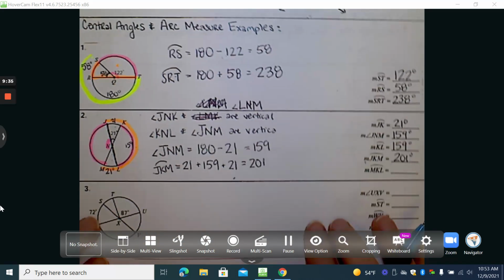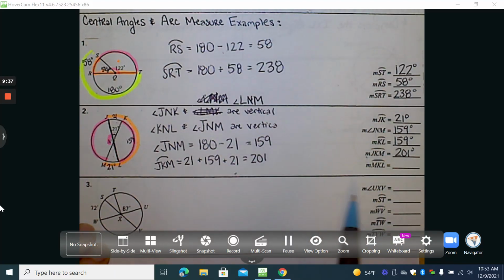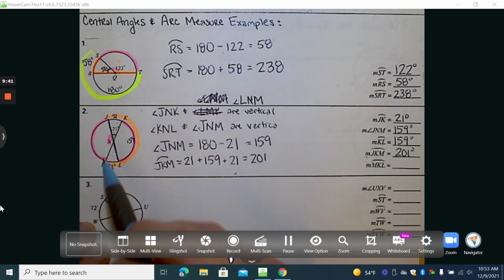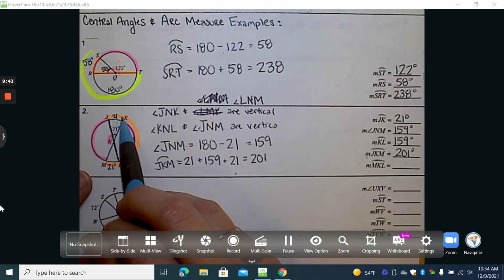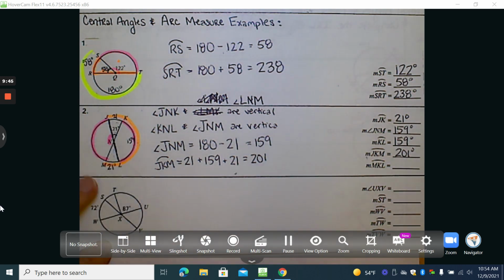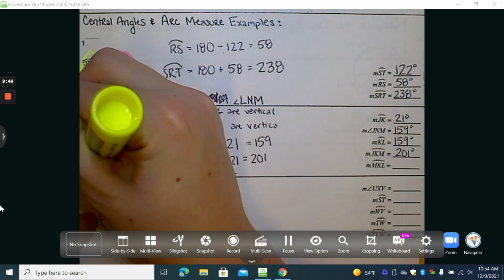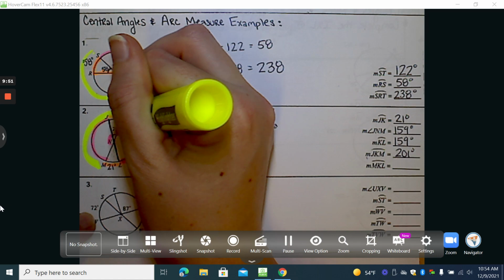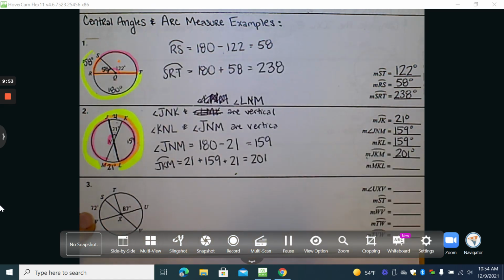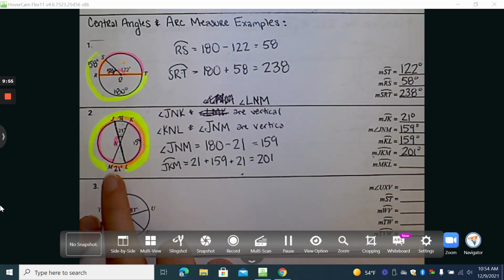And then the last one is MKL. MKL, which means I go from M to K to L without going the other way. I'm going to go around this direction, M to K to L. Essentially the entire circle minus that ML arc.